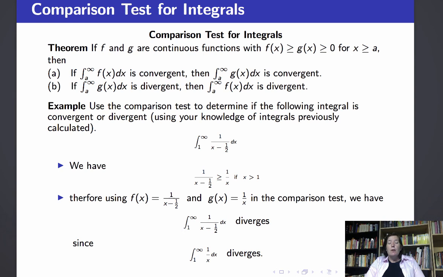So therefore, our integral, the integral from 1 to infinity of 1 over x minus 1/2 diverges. And of course, both functions here are greater than or equal to 0 on the required interval and satisfy all of the conditions of the theorem.